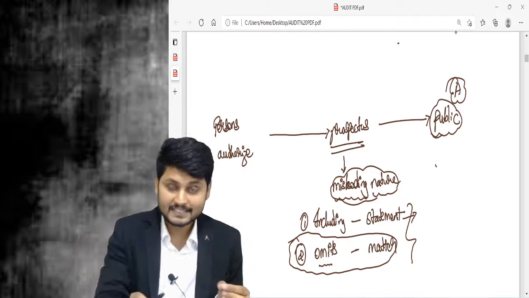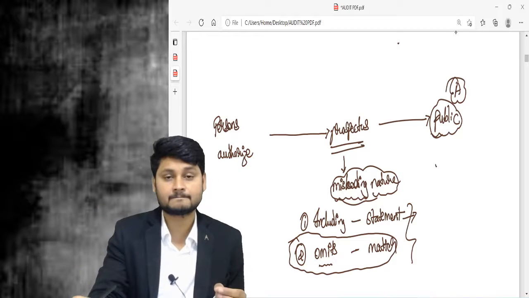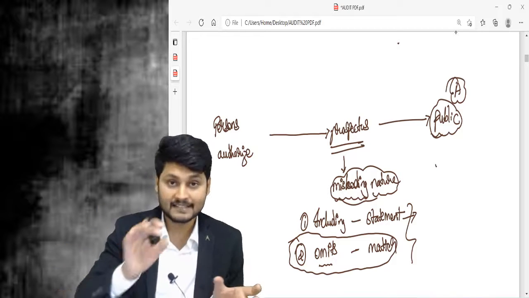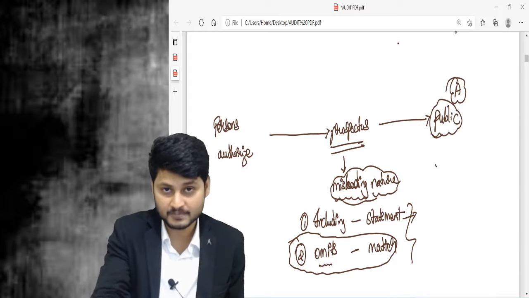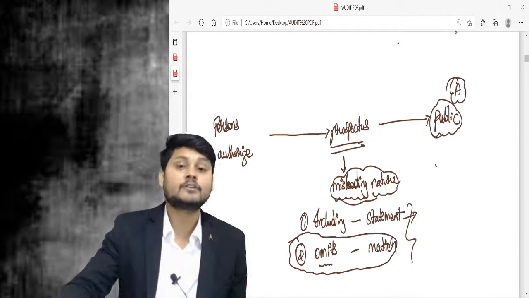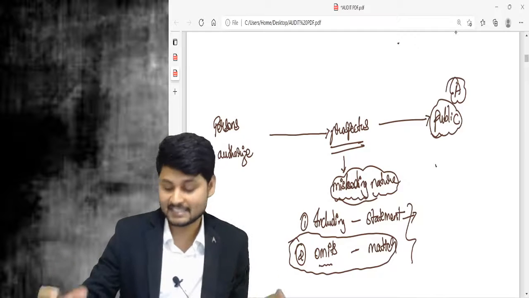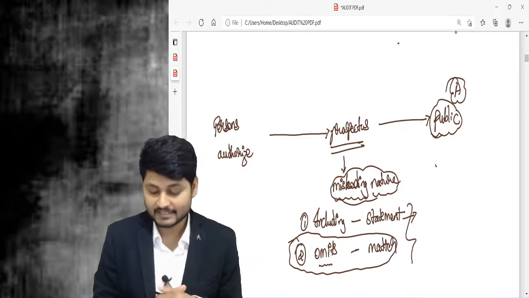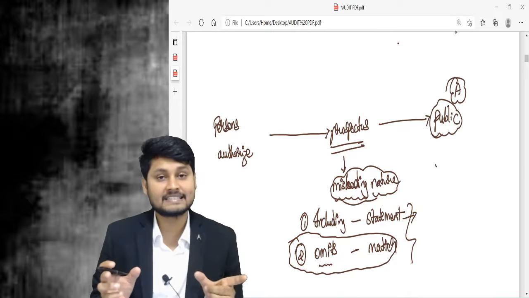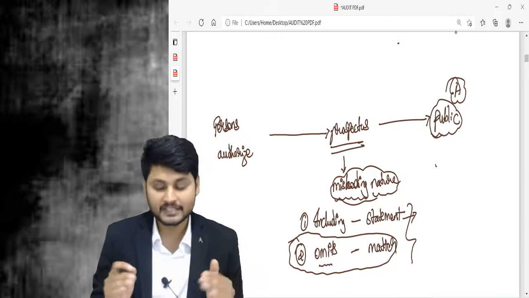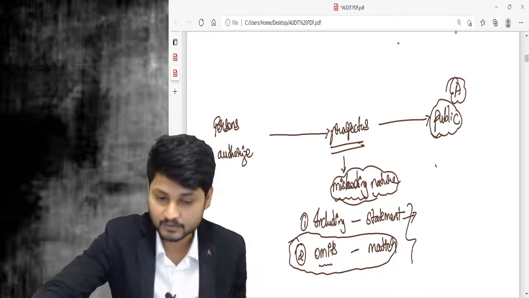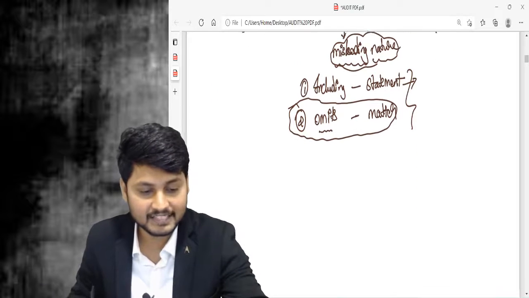When there is a statement included in the prospectus which is wrong, or there is a matter which has to be included but is not included at all. In these situations, we can call it misleading in nature. With this basic introduction, we can go on to section 34 and section 35.